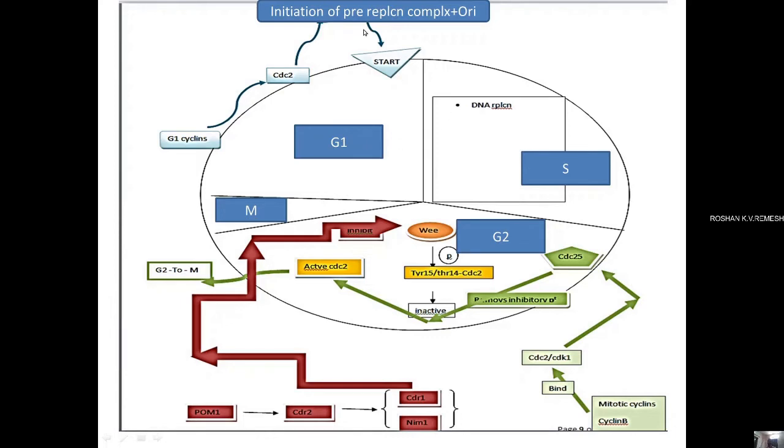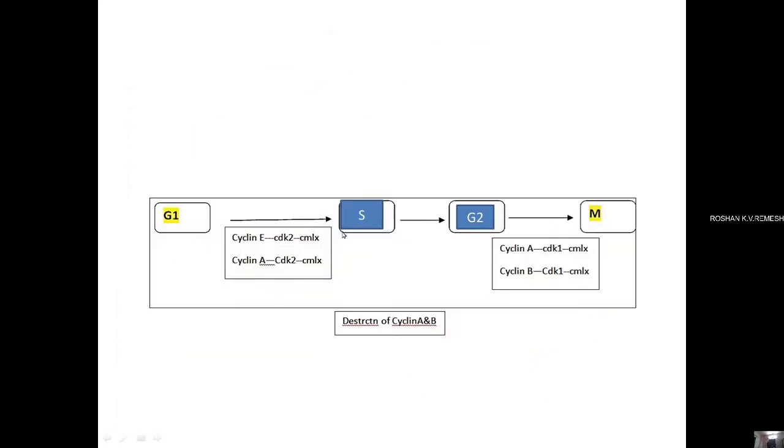The first one is at the end of G1, the second one at the G2 phase, and the third and last one can be seen at the middle of the M phase. Now we can go into the details of the first cell cycle checkpoint, that is at the end of the G1.